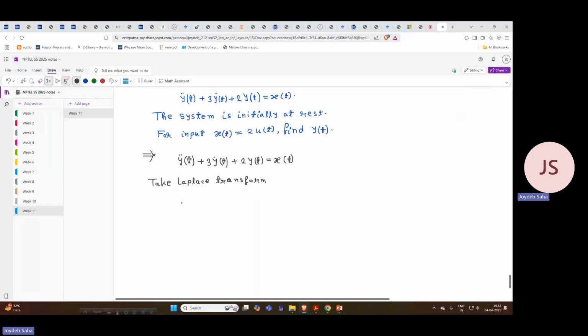So we will get s square Y s plus 3s Y s plus 2 Y s is equal to 2 by s, because x t is given as 2 of u t.